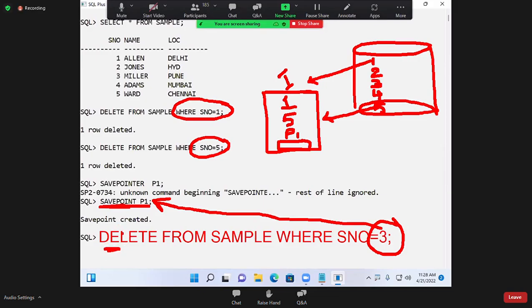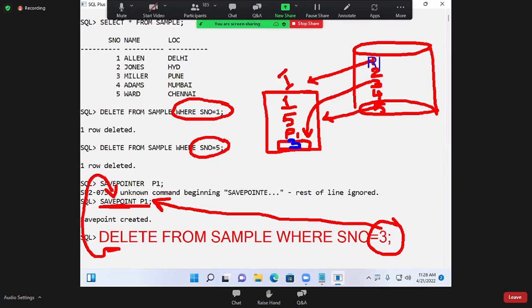That means whatever operation you do after it, that operational data is saved under the pointer. That is the meaning of that. Now 3 is deleted from the database, and it is saved under which memory? Pointer memory. The number is 3.